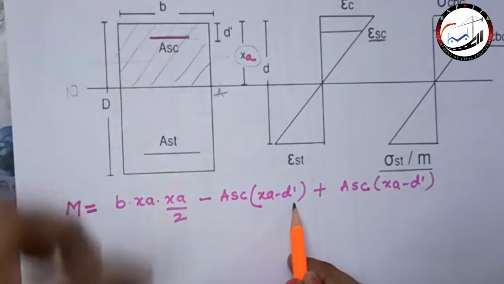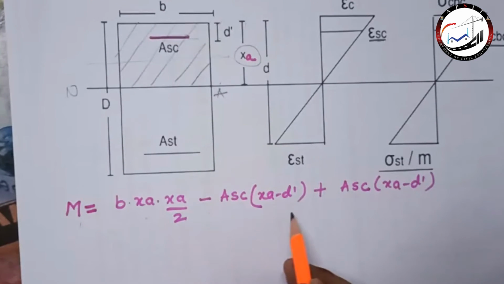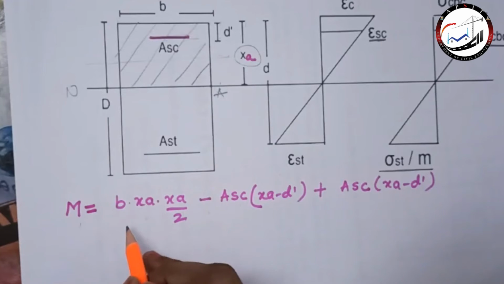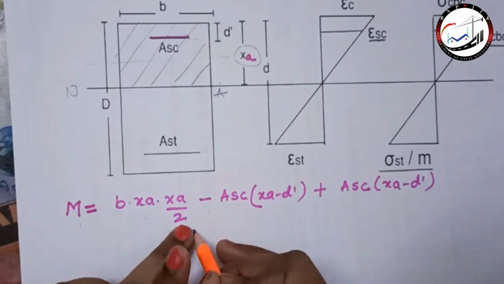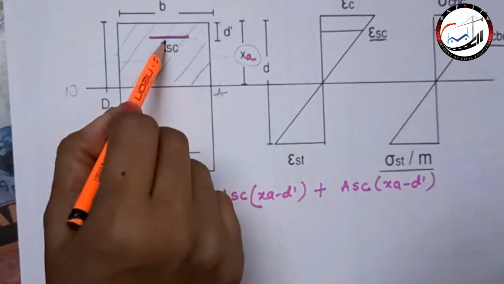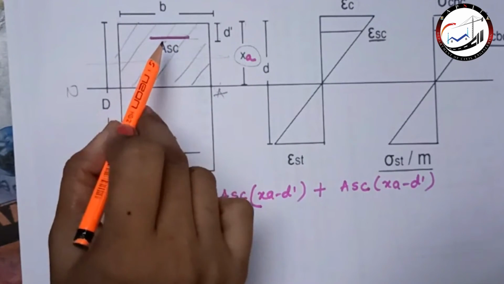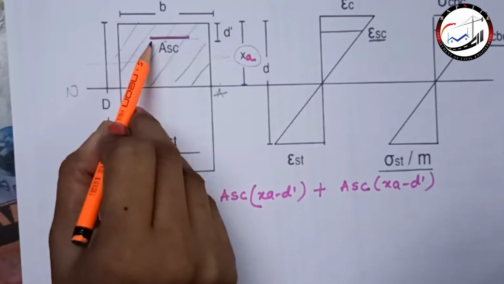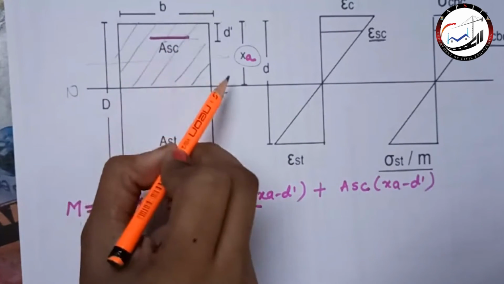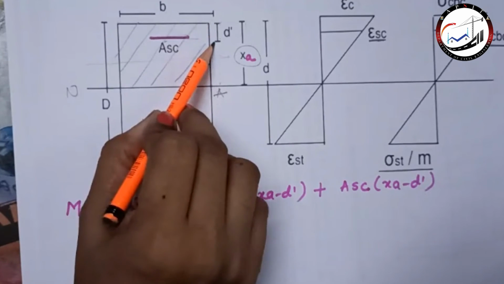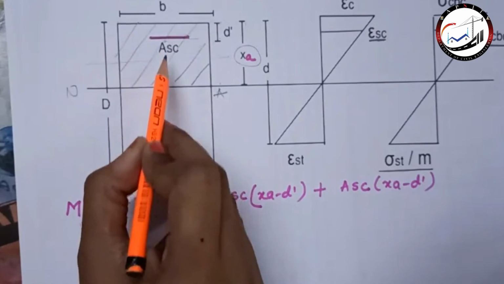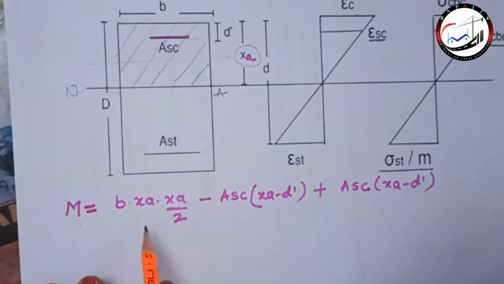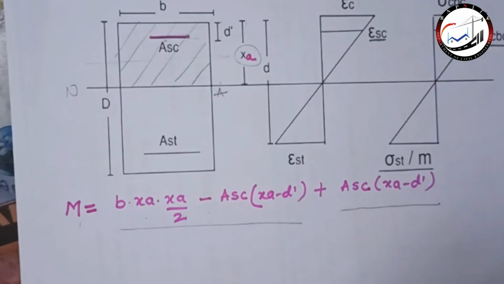So this is the area of the concrete only which is creating the moment. But there is also this steel which is responsible. So to take this steel, I again need to write ASC into XA minus D dash. So now I have individually taken the moment of this steel about the neutral axis. This whole part is for the concrete, this whole part is for the steel.